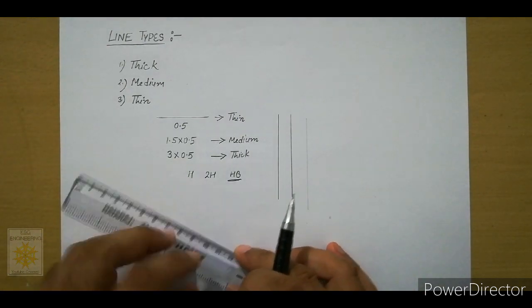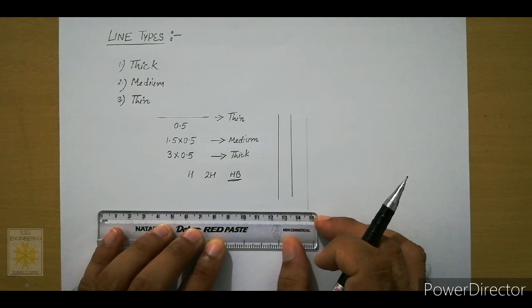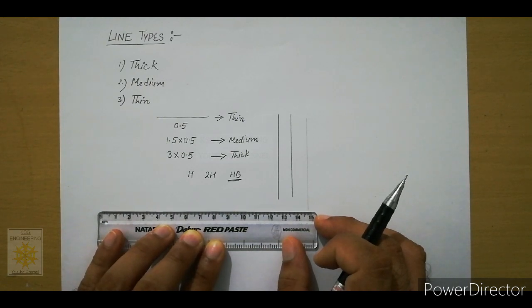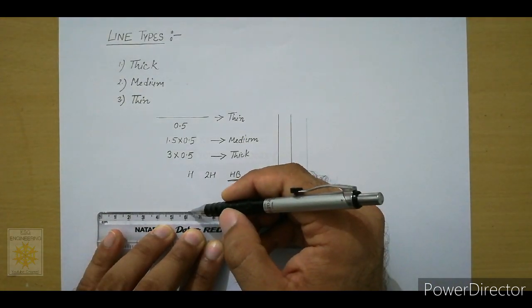In the lecture we discussed that we have to draw dashes, the length of each dash will be 3 millimeters, and the gap between any two dashes should be 1.5 millimeters, and we have to keep that line medium. It means we will draw only one time and put less pressure on the nib.